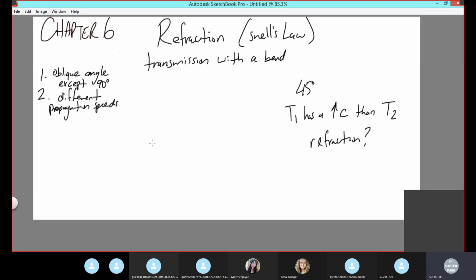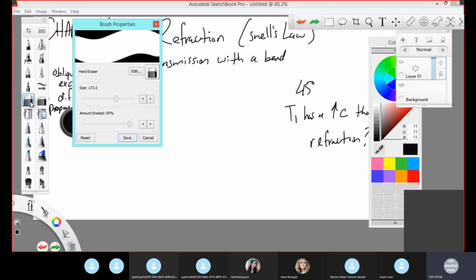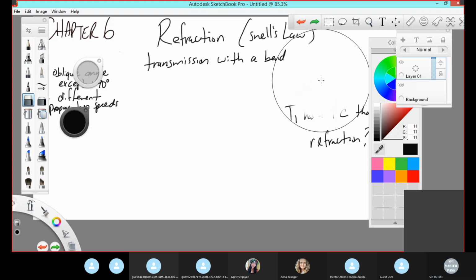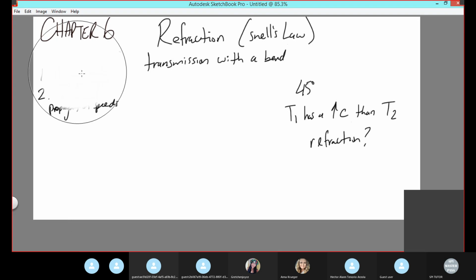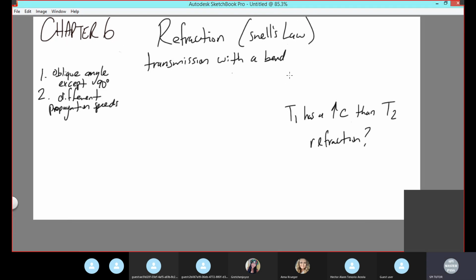Here's the trick though. Sometimes you might get a question where they give you, oh, my angle is 90. Tissue 1 is higher than tissue 2. What's my refraction? And then you start thinking, okay, let me apply all the rules and figure out what the refraction angle is. No, there is no refraction.